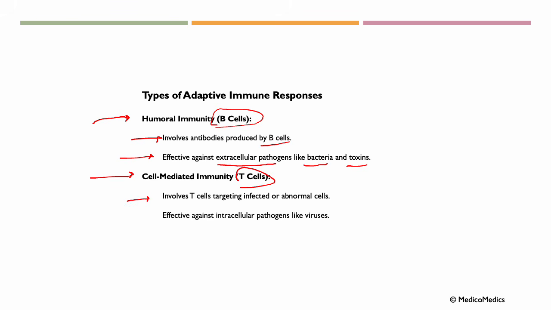It involves T cells targeting infected or abnormal cells, and it is effective against intracellular pathogens like viruses. So keep in mind, humoral immunity, B cells, extracellular pathogens. We have cell-mediated immunity, T cells, effective against intracellular pathogens.